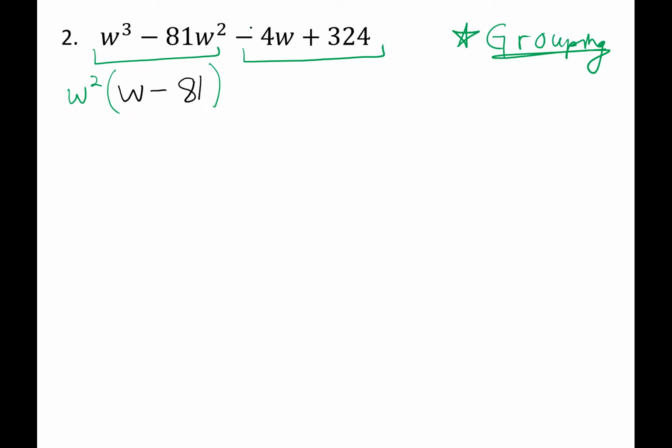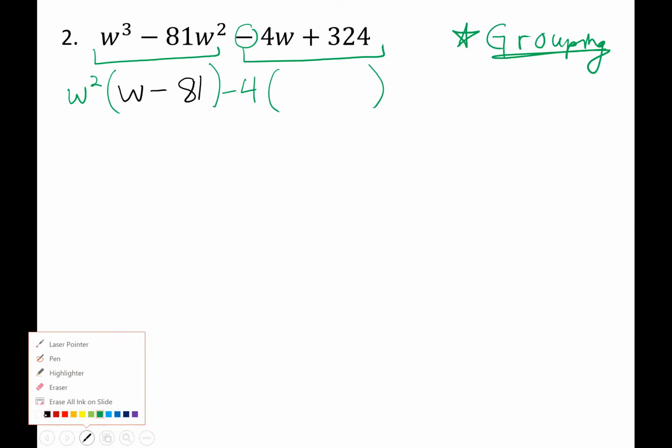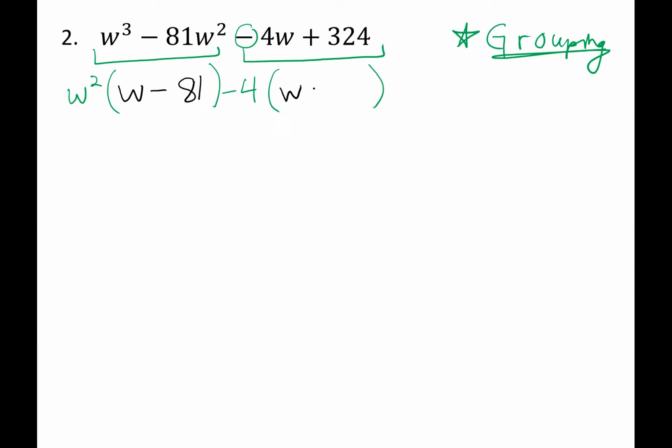Also notice that there's a negative here, so let's factor out -4. And then we'll be left with w, and then 324 divided by -4 is going to be -81. Okay. So we have w squared parentheses w minus 81, and then -4 parentheses w minus 81.